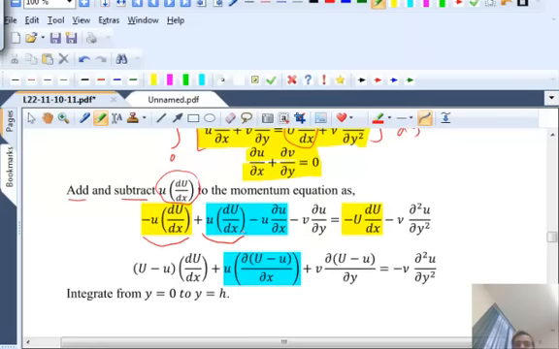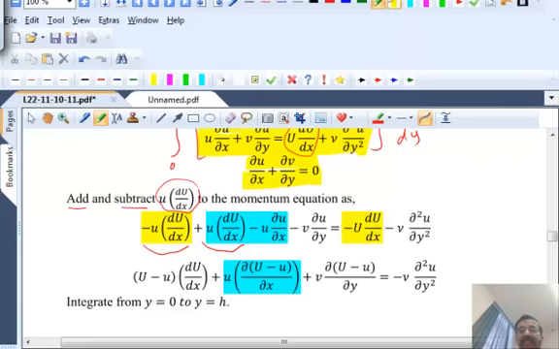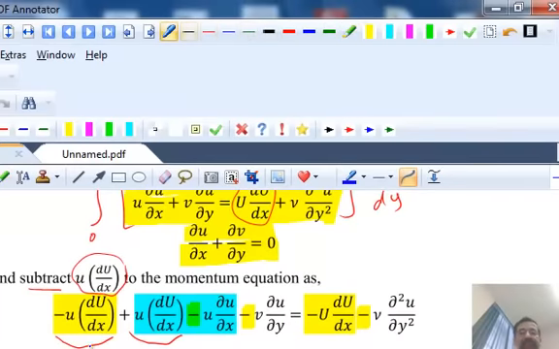Okay, and then for every other term in the momentum equation, I have switched the sign to minus, minus, minus, and minus. Okay, I flip the sign everywhere, and then I simply add and subtract. So this is minus and this is plus. Okay, and then what I've done is I have combined the two terms that I have identified in yellow.